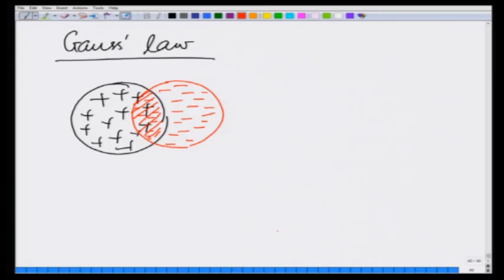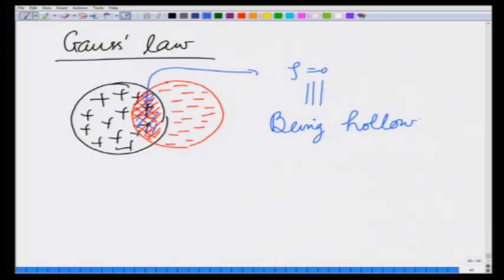In a way, you can think electrically this overlap region also to have no charge density. Rho is 0 because positive and negative charges cancel. Equivalently, you can also think of this as being hollow, because electrically it does not matter.